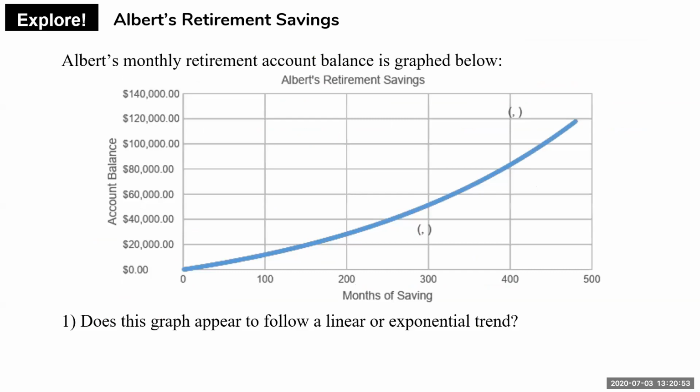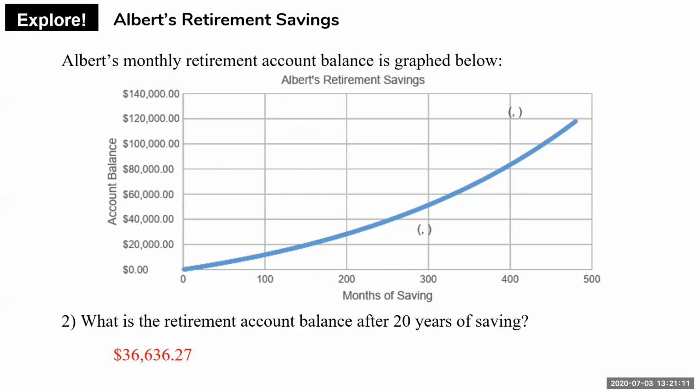And here we put Albert's retirement savings on a graph, okay? And the line curves upwards. So this kind of graph is not a linear graph. It's really an exponential growth. Okay, so a retirement account is an exponential growth function. So the amount grows exponentially.